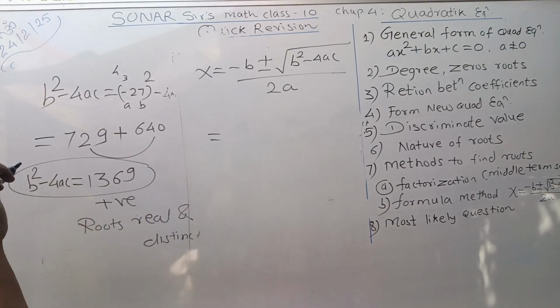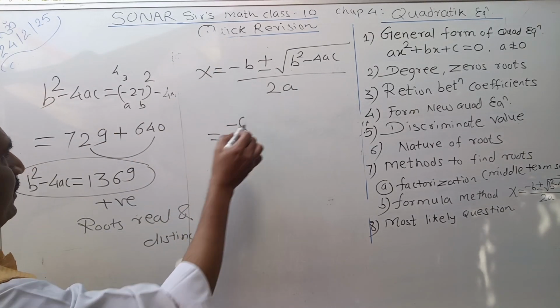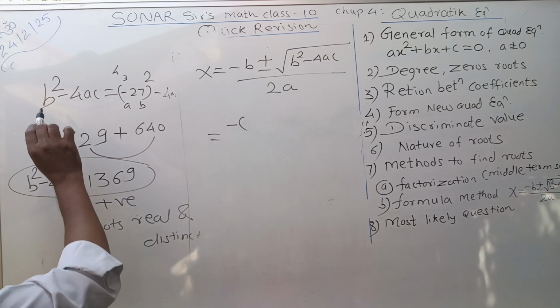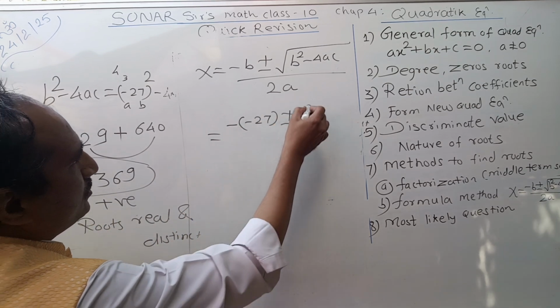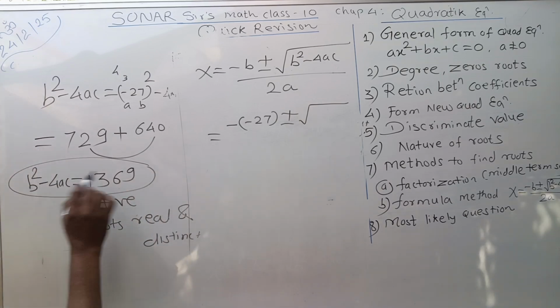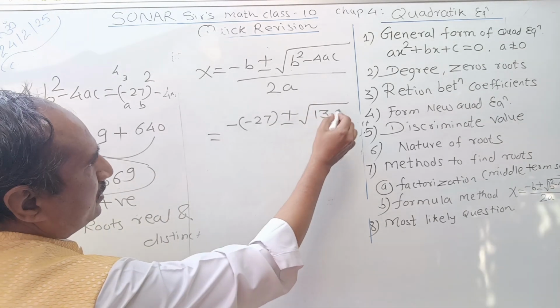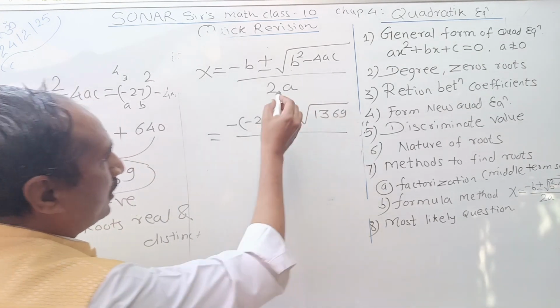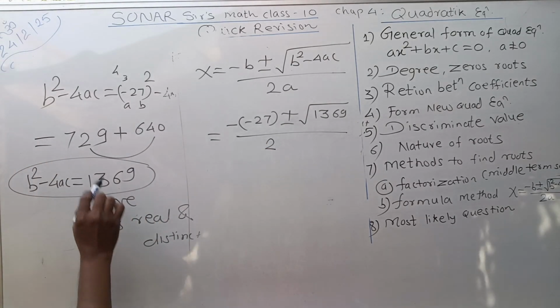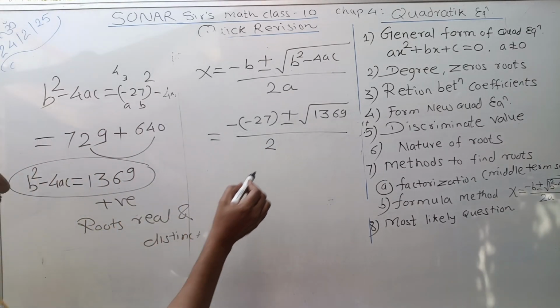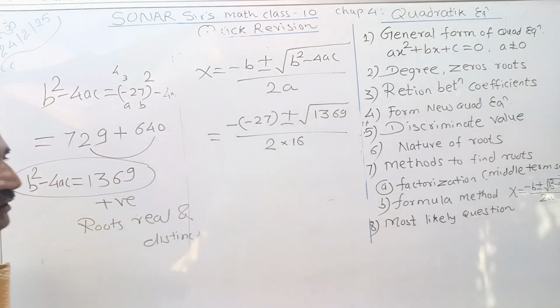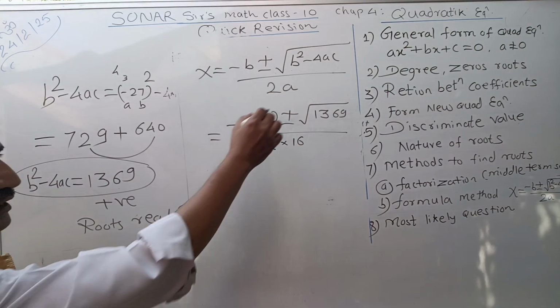Whenever we take the square root of a constant number, it should be plus or minus. So the value of b is minus 27, plus or minus root. The value of b square minus 4ac is 1369, upon 2. The value of a is 16. So again the value of a is 16.